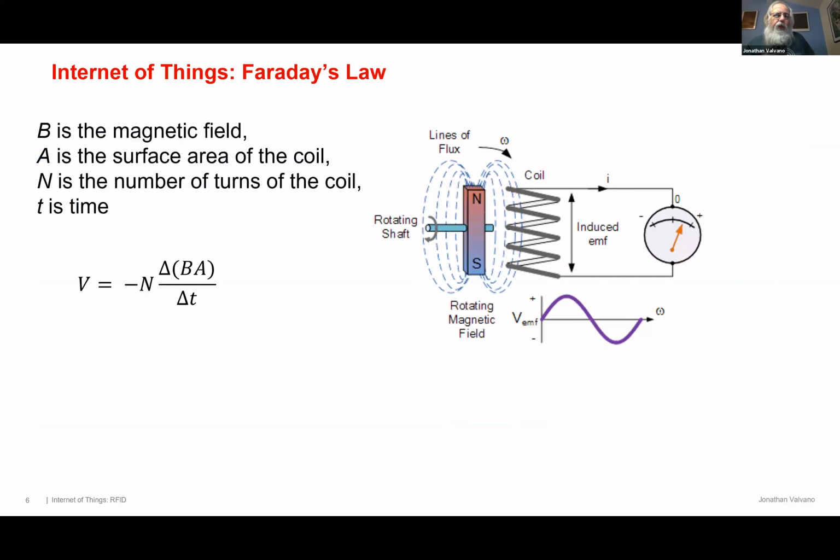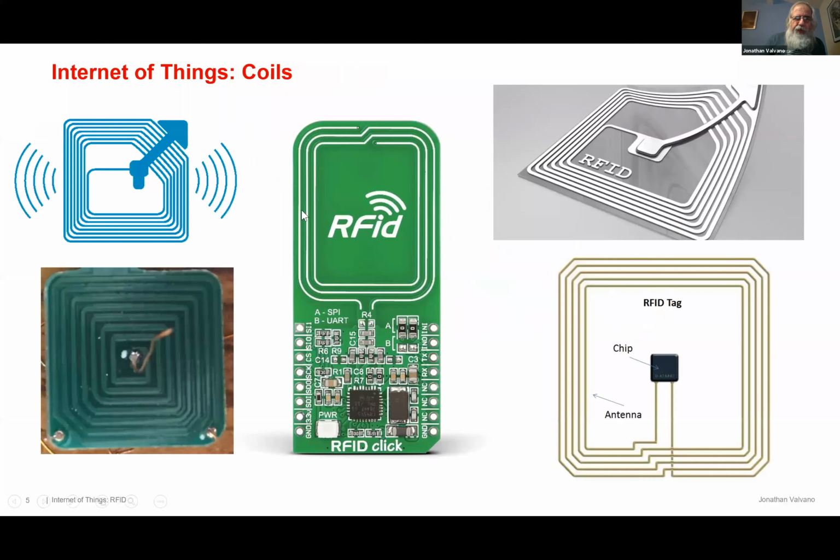If we were to look at some of the physics of a coil, this is the receiving coil, if you'd like. If you look at the receiving coil, you have a couple of parameters. A is the surface area inside the coil.